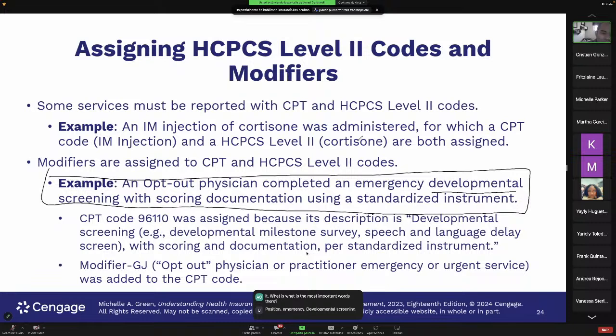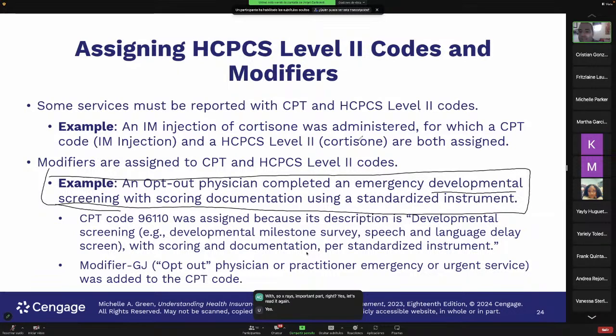Developmental screening. Okay. Let me read it another way. Doctor completed an emergency X-ray. So the X-ray is the CPT. So X-ray is the important part, right? Let's read it again.